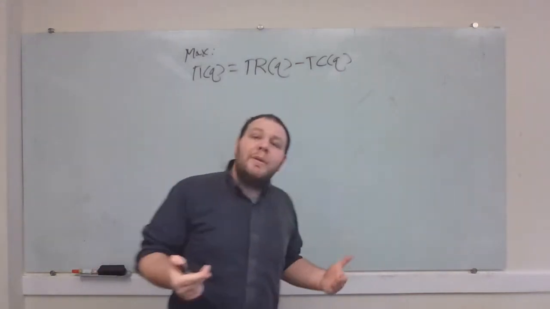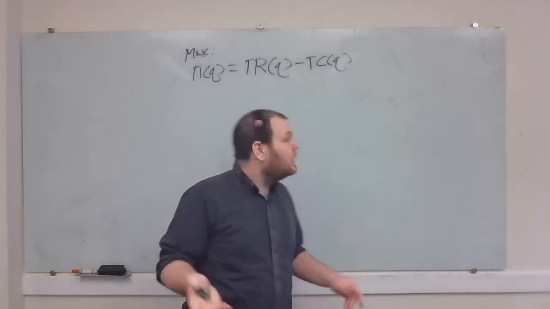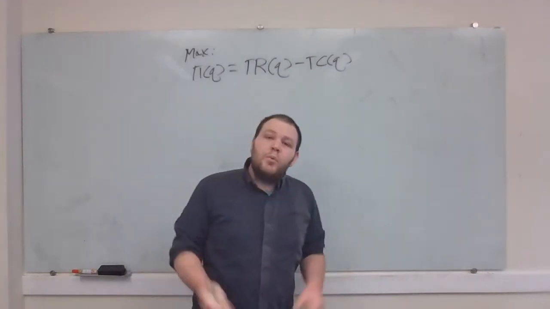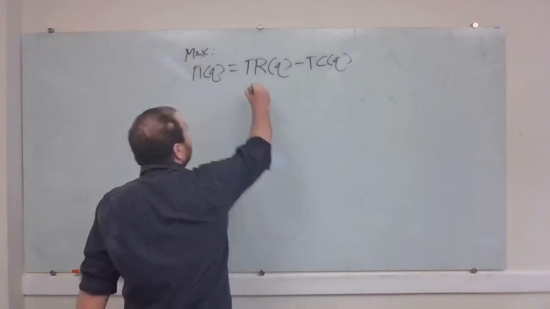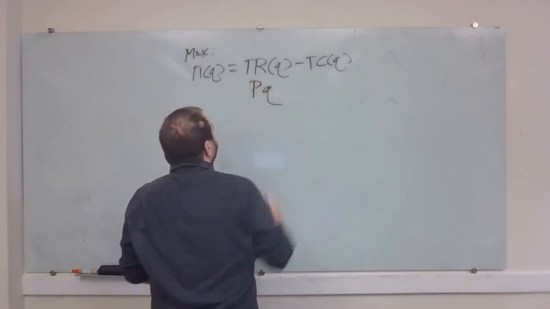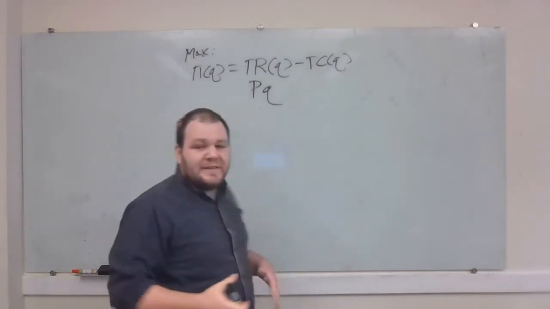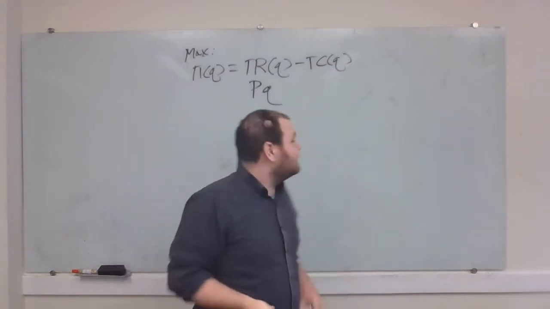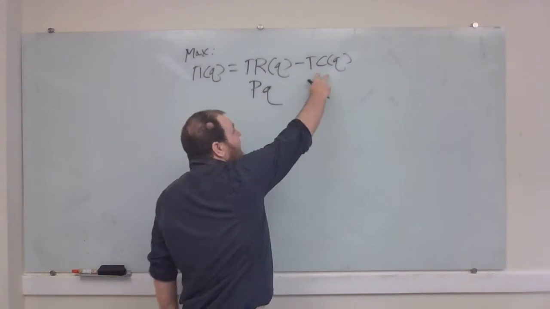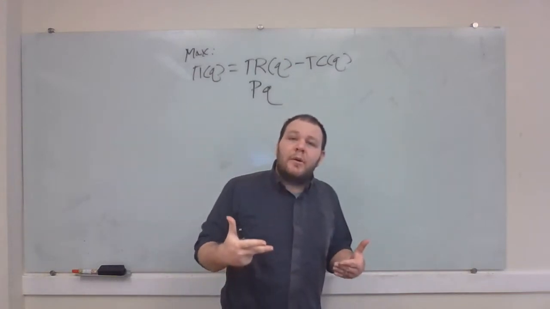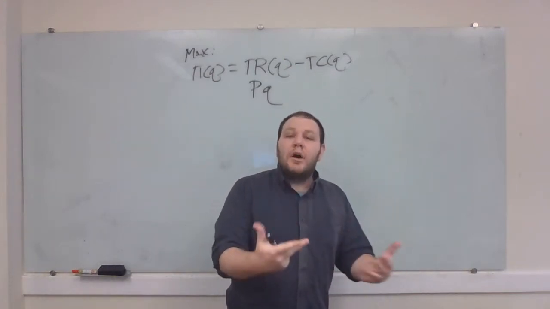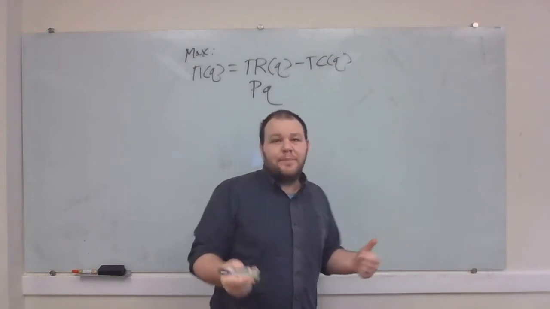Now, because we're assuming that firms are perfectly competitive, total revenue is very simple, right? All it is just going to be the price times the amount of output. Why is this? Because we're assuming that the firm can sell as much output as they want at the market price, P. Now, their total costs are also going to be straightforward now that we've already solved the firm's cost minimization problem, right?